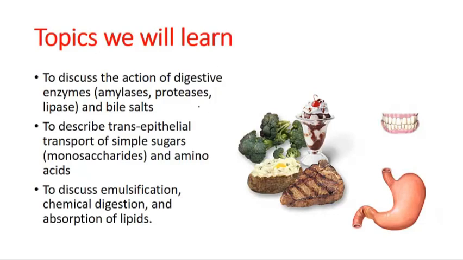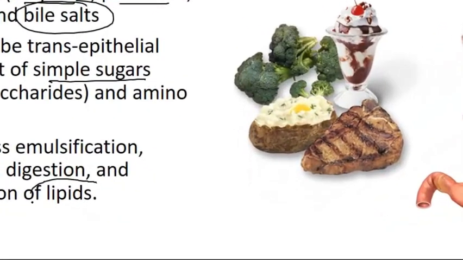In this lecture, we will be discussing the action of digestive enzymes, including amylase, proteases and lipase, along with the function of bile salts. We will also describe the transepithelial transport of simple sugars and amino acids. And thirdly, we will discuss the emulsification, chemical digestion and absorption of lipids, which is slightly unique compared to carbohydrate and protein digestion and absorption.